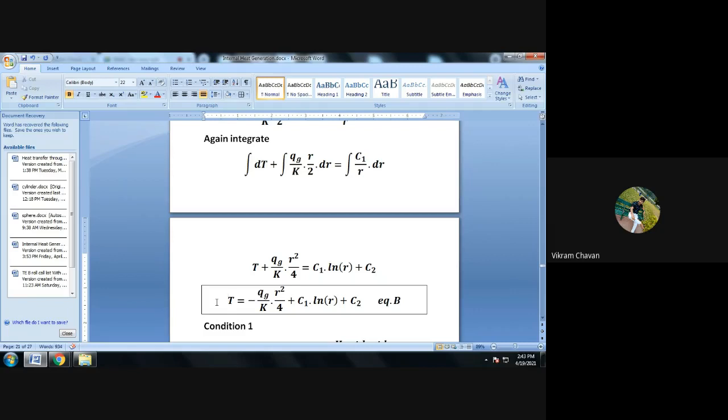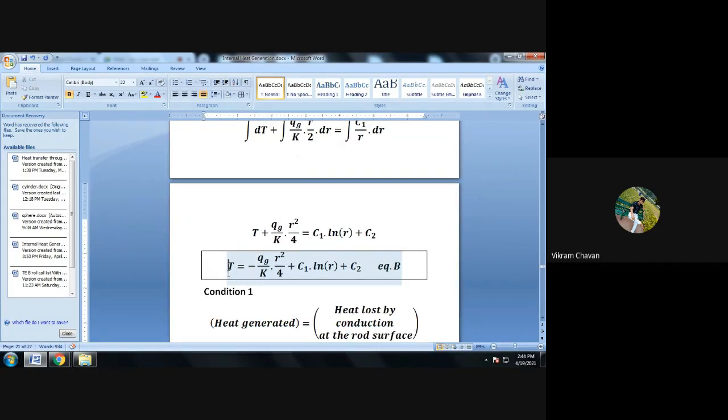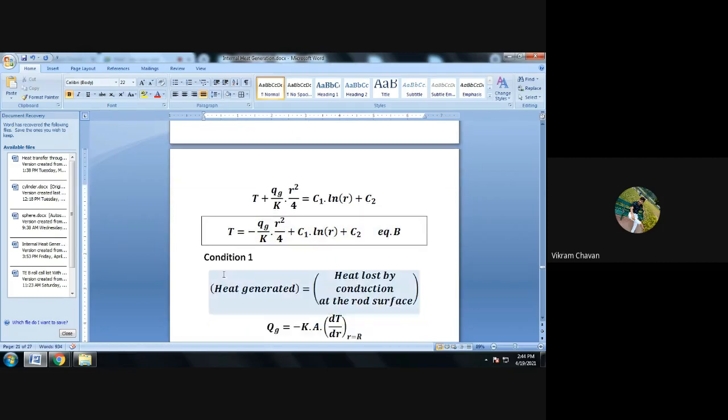But the methodology to derive the equations up to this equation is similar to that of wall. From here, the equation will be different for the cylinder.